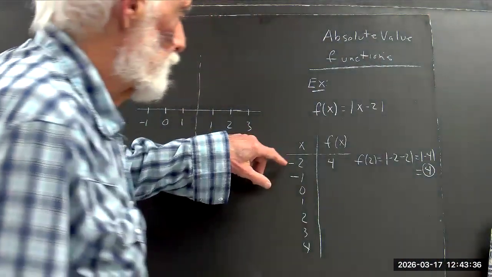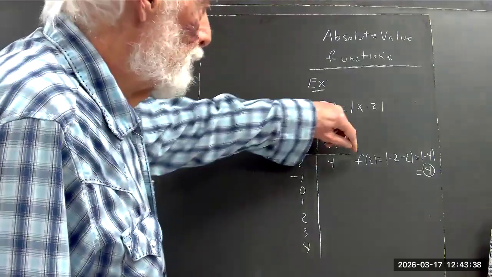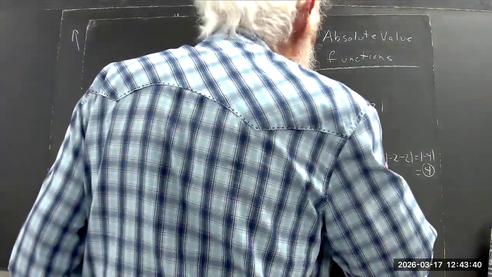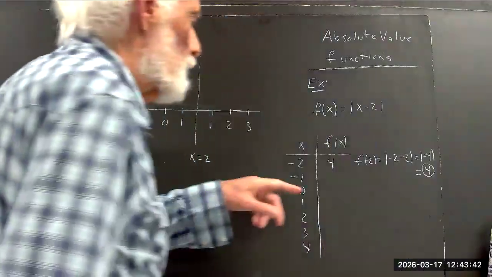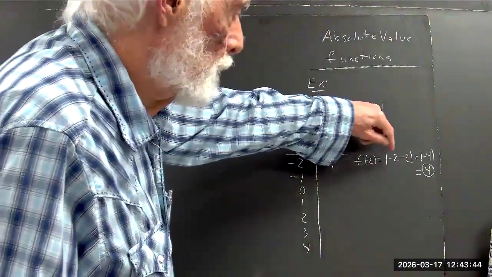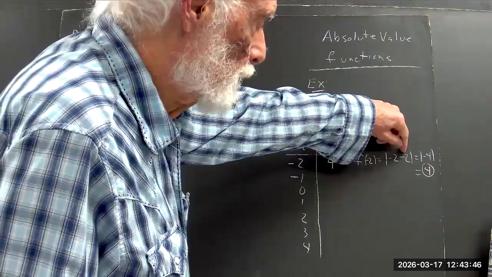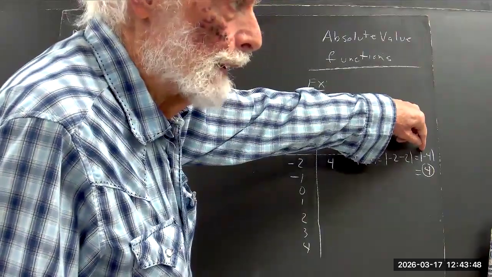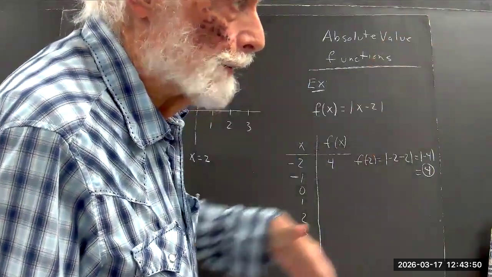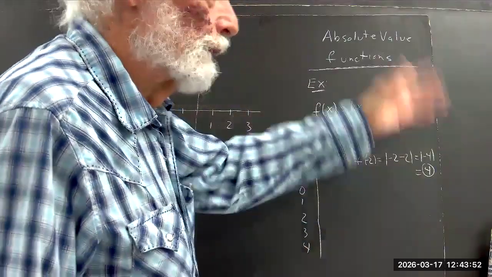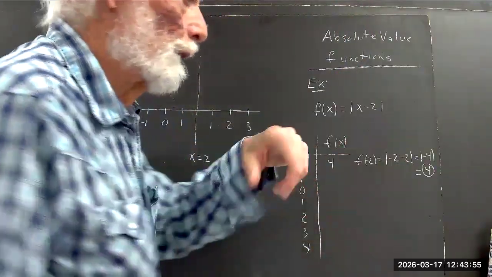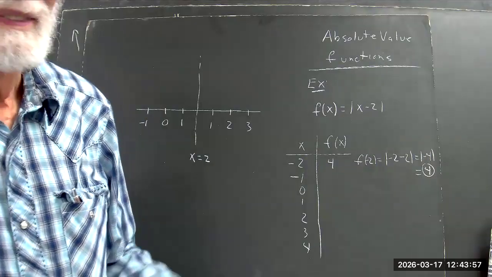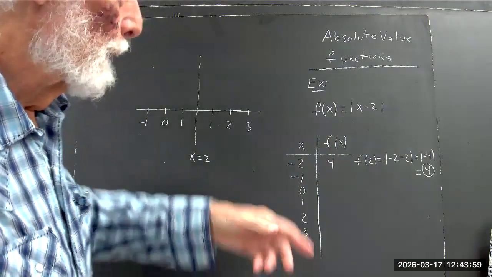Okay, we see, for example, when x is -2, f of -2, we replace x by -2, we get absolute value of -2 minus 2. It's absolute value of -4. Now, the most common thing I see students do is they just ignore the absolute value signs and write down -4. If you did that, you get a lot of company.